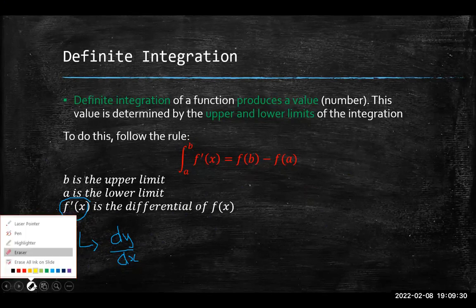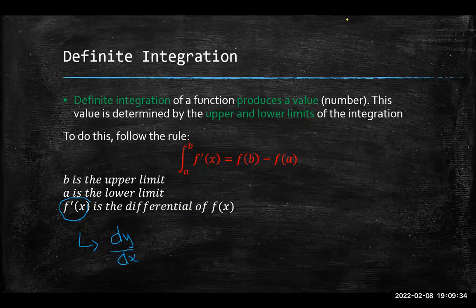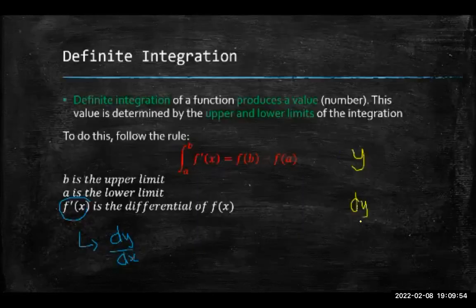Well, when I started this whole topic of integration, I told you that integration is an anti-differentiation process, meaning that integration is just the reverse of differentiation. So say I had an equation y, and I wanted to find the gradient function dy and dx, like I drew when we started.